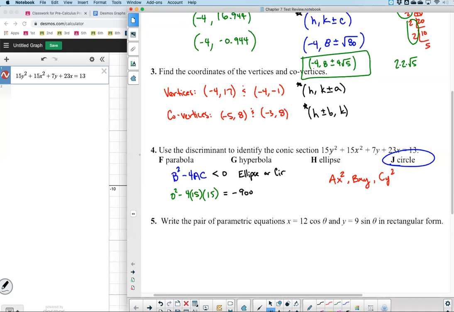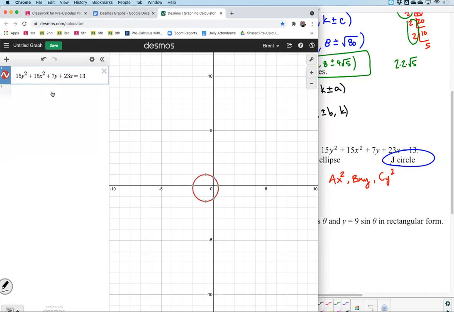If it's negative, it's a circle if and only if b equals 0 and a and c are equal to one another, which is the case here. B is 0 and a and c do equal one another, so it's a circle. But in any other scenario, if b is not 0 or if a and c don't equal one another, it's no longer a circle.